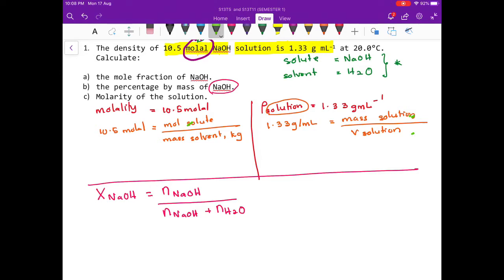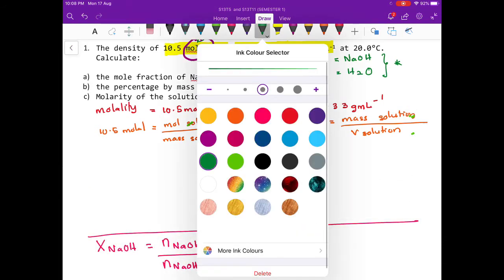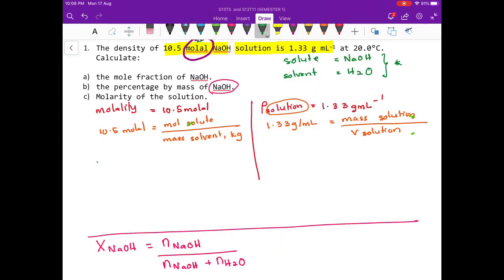We have to try and error. Because we cannot solve the problem, we can put an assumption. Let's say I assume the mass of solvent is equal to 1 kg.